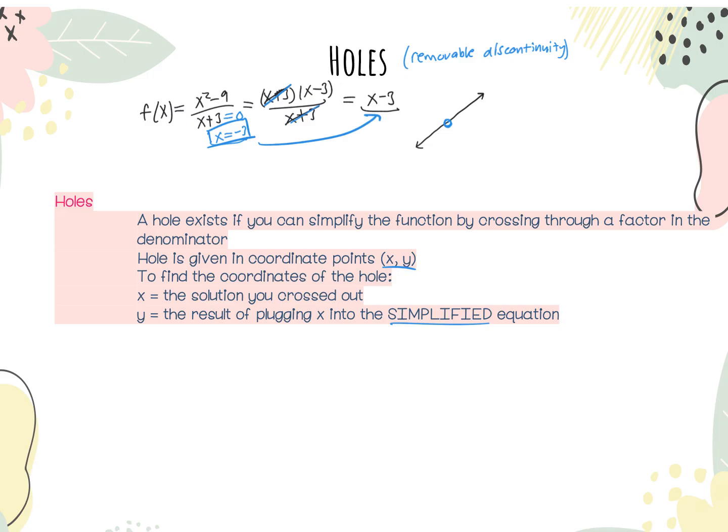If you just plug it into the original, you're going to get undefined, right? Because that's the point of it being a discontinuity, a hole, all right? So you're going to plug it into the simplified equation. So for the sake of this, it's going to be -3, -6, all right? We're going to have a little hole there at that point, all right? And that's what we mean when we say a hole. Again, that's going to make more sense when we start graphing these, but for the sake of this lesson, you just need to know how to find it.